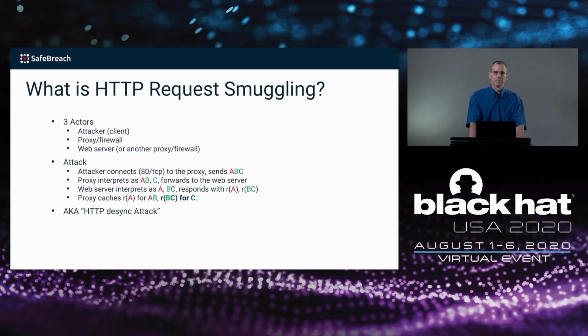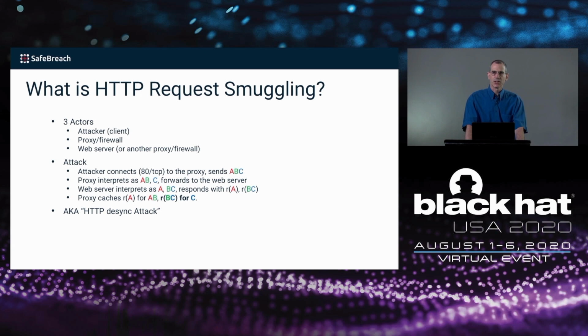The proxy interprets this stream as the first request being A followed by B, and the second request as C, and it forwards those two requests to the web server. The web server, however, interprets those two requests as a first request A followed by a second request B and C. And thus it responds with the responses for A and for BC.